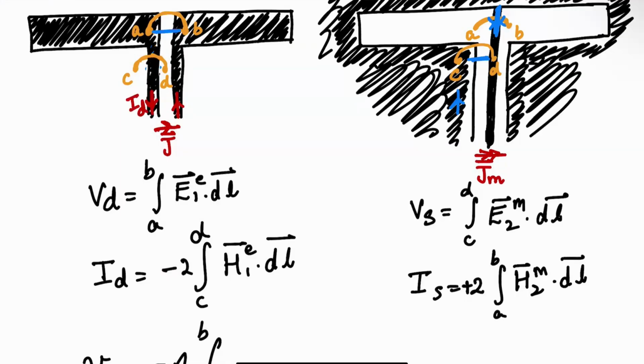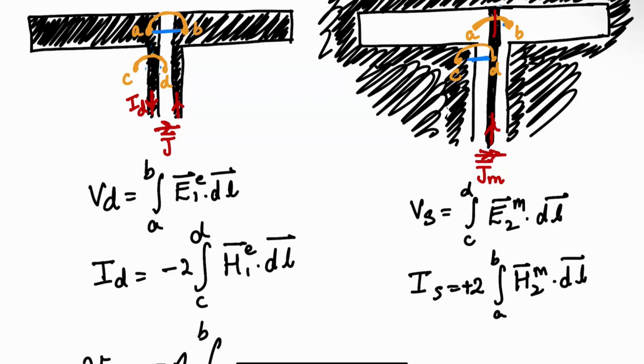Whereas in this case, let me draw this part. Okay, so I have this bridge right here. Okay, we draw this as well. So in this case, the current in the center line flows this way.